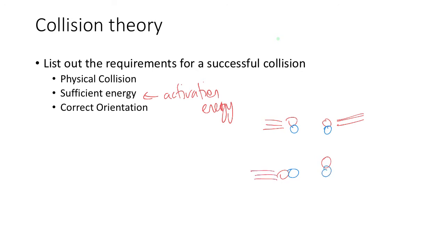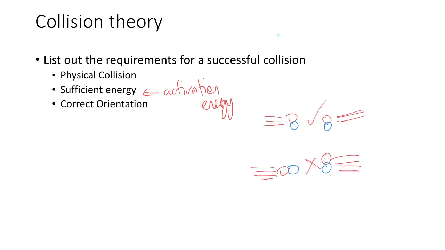If they move that way and they move that way, this might be an unsuccessful collision, even if it has sufficient energy, because they're in the wrong orientation. But this one will be a successful collision because they're in the correct orientation. So just those three things are required for a successful collision.